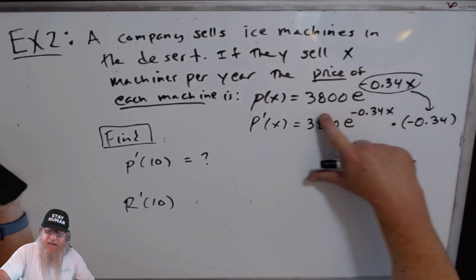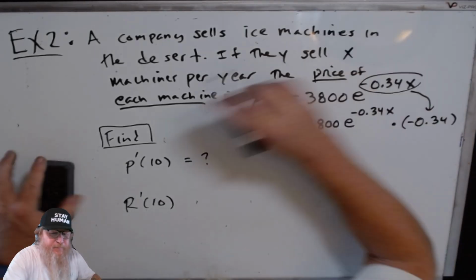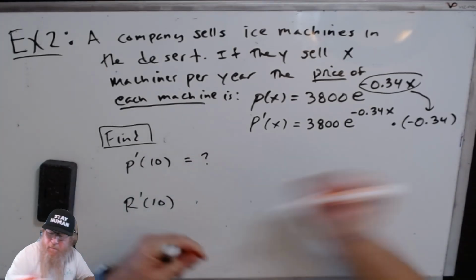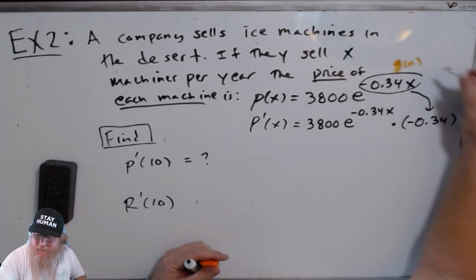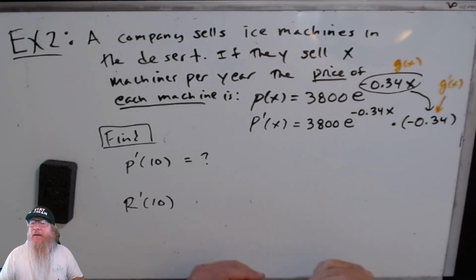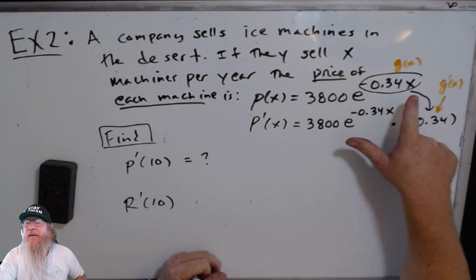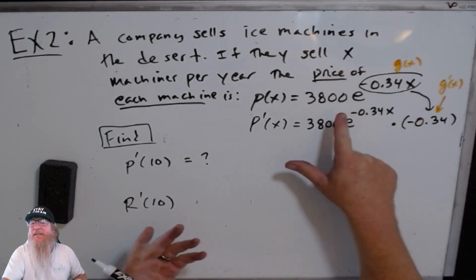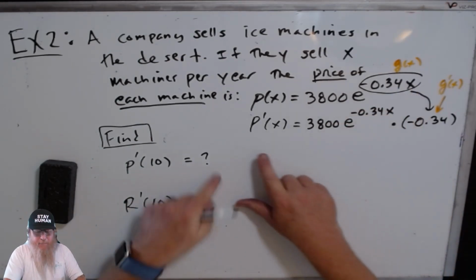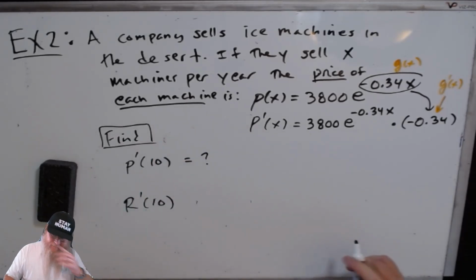So that's like 3,800 e to the g, and then this is g prime of x. So g of x is the power, f of x is the e part, and then p prime of x is the derivative.